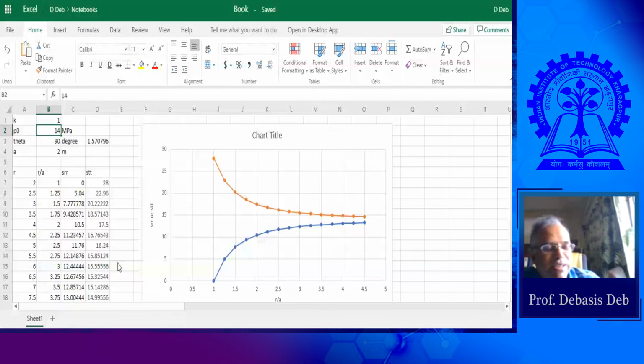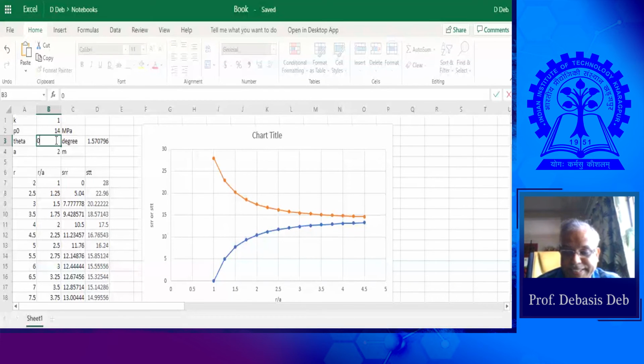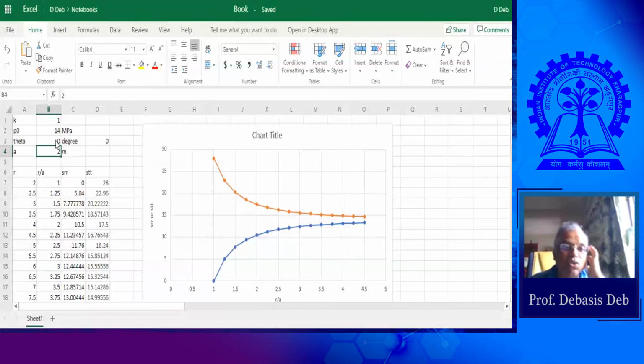I have given it like that just so that you can do it. So we want to find out at theta equals 0 degree.